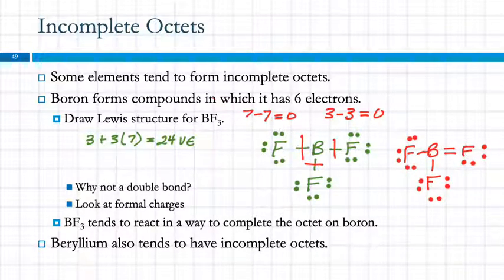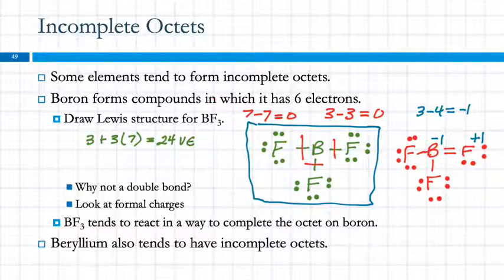It's got an octet, it makes 1 bond, it's all good. The boron here, though, brought 3 electrons, leaves with 4. So brought 3, leaves with 4, so that's -1. And this fluorine brought 7, leaves with 6. That's a +1. So this is its actual Lewis structure.